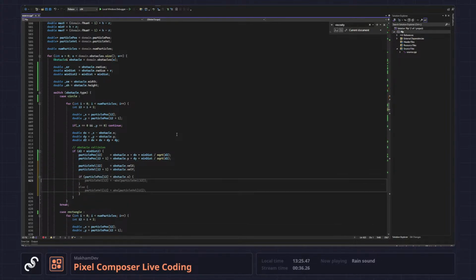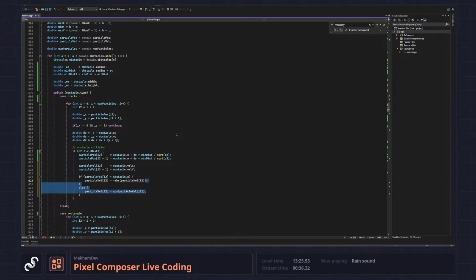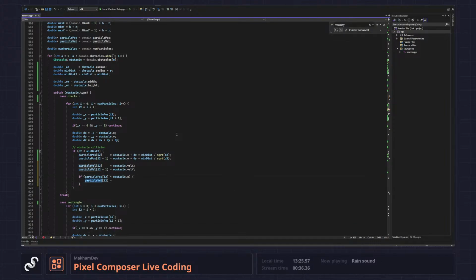The velocity x, we have to modify the velocity x by the inverse of the delta y, so the inverse of dy.